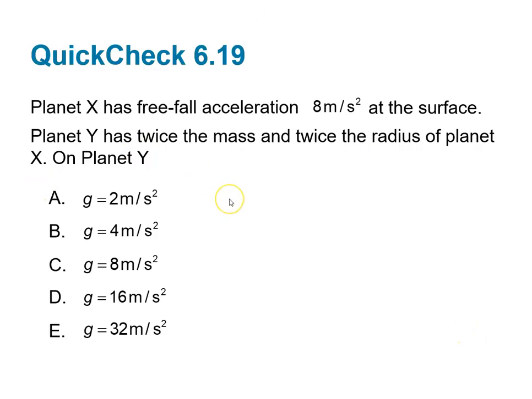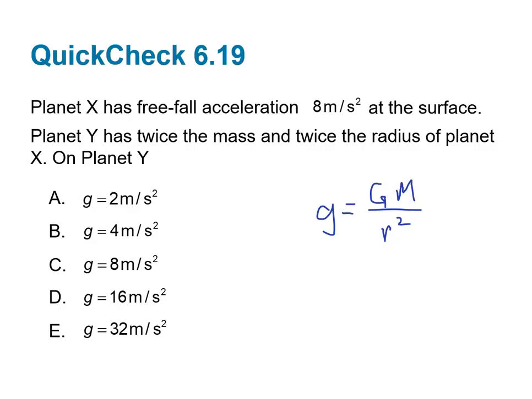Okay, let's look at quick check 619. It says planet X has free fall acceleration of 8 meters per second squared at the surface. Planet Y has twice the mass and twice the radius. So we want to figure out how the gravity is going to compare. So this was the equation that we learned earlier for calculating the acceleration due to gravity on any planet.